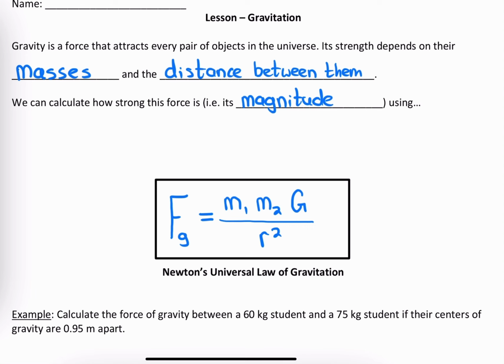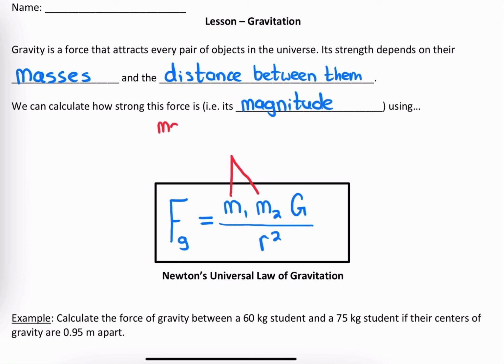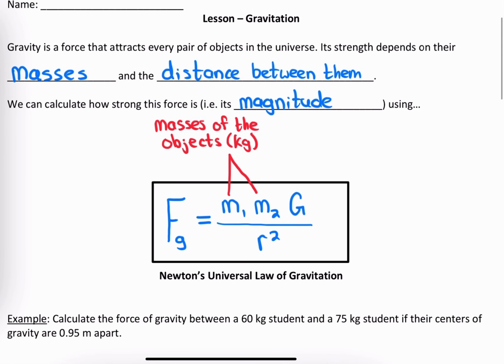So, m1 and m2 are the masses of the two objects, and that's going to be in kilograms. Big G is the universal gravitational constant.